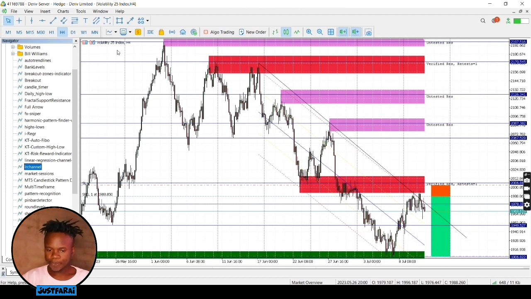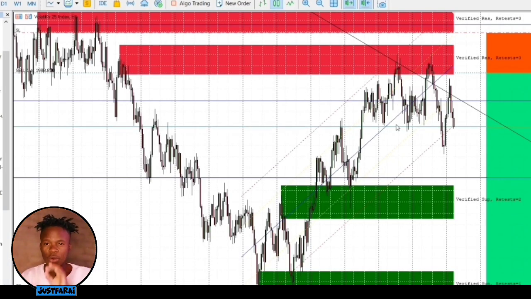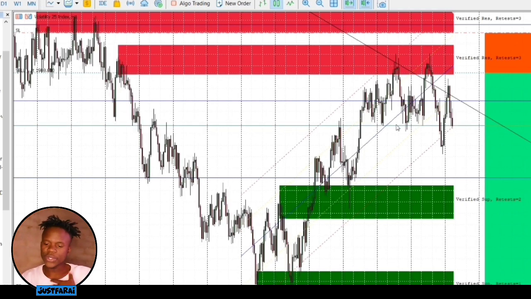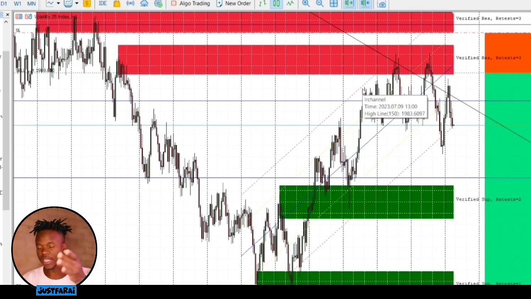Let me go to my H1 and show you something important. Before I move to my H1, I know that I have to wait for an M or a reversal pattern to make sure that I make my entries, right? On the H1 time frame, I had two M's here. The first M here, if you are a BTM trader, you definitely understand this.